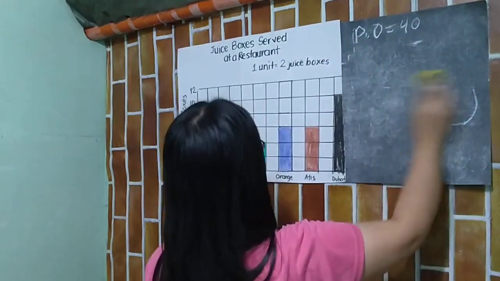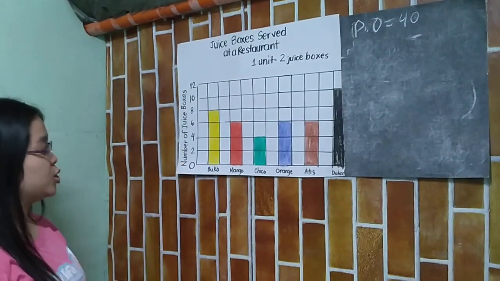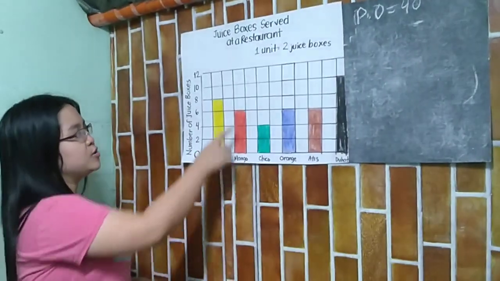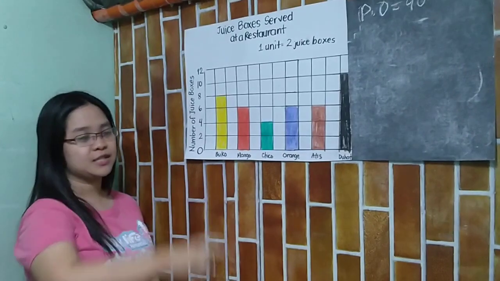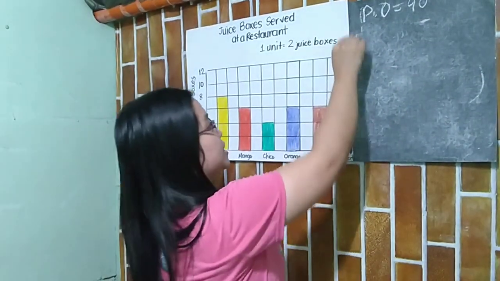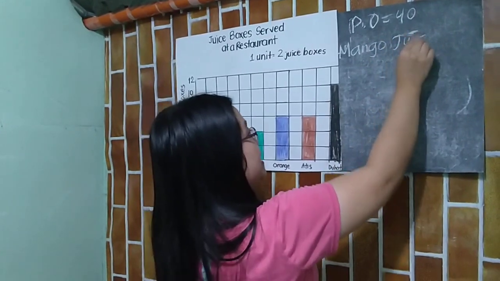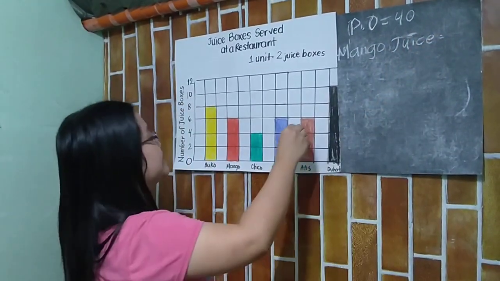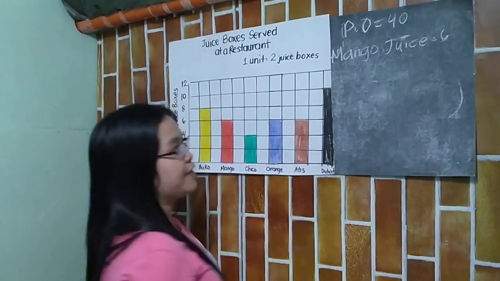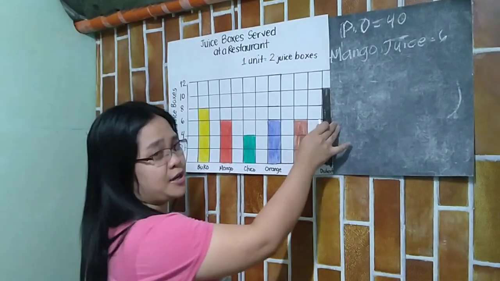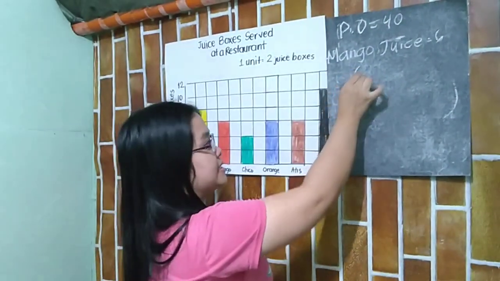How about the mango juice? So the mango juice there is 6. So our favorable outcome for mango juice is 6. Okay, let's have this one. So what's our favorable outcome again? 6.